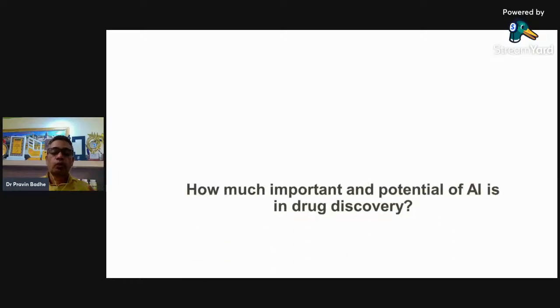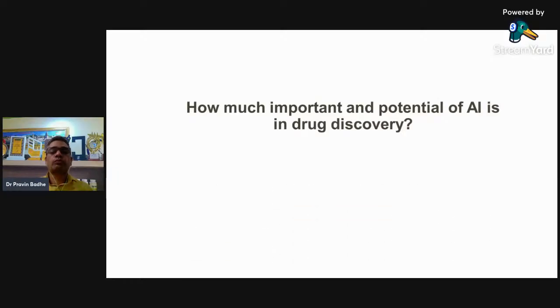So now, if we are discussing AI and how it has already improved drug discovery, the question here is how important and how much potential AI has in drug discovery. I have already touched on normal traditional drug discovery and AI drug discovery, and also showed you the importance of AI.